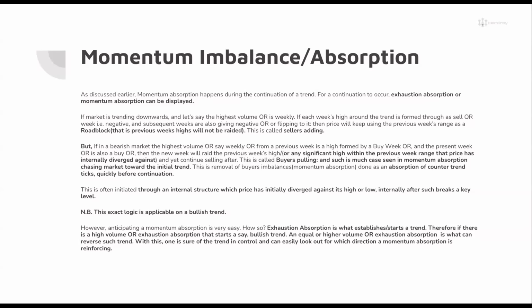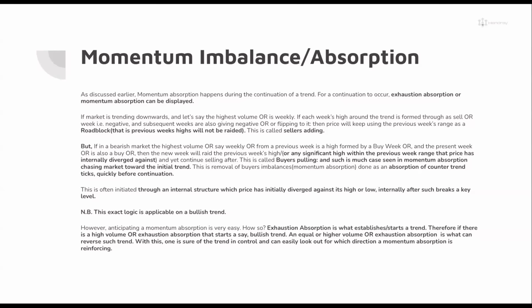This is called buyer's pulling, and such is much the case as seen in momentum absorption, chasing market towards the initial trend. This is a removal of bias imbalances, momentum absorption, done as an absorption of counter trend ticks quickly before continuation.